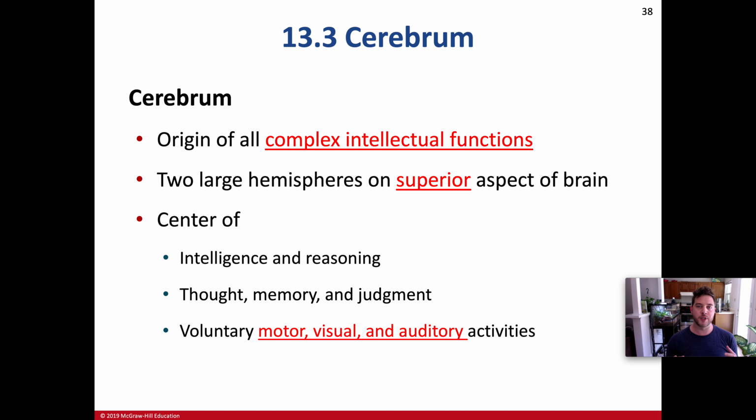As we go through this chapter and break down the different portions of the brain and their functions, just try to remember that there's always going to be some other part that plays a role too. There may be one large governing body that governs intelligence or taste or fine motor movements, but there's always some other part that has to play a role too. So the brain never really acts in just one spot.